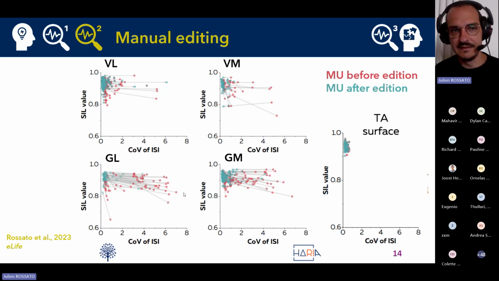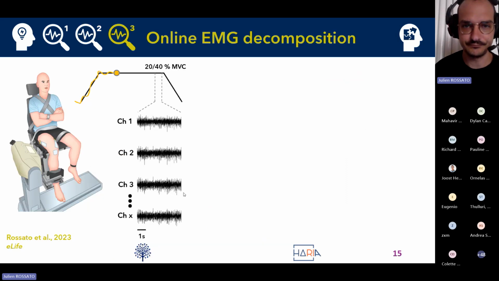The result was similar for each muscle tested. We tested the vastus lateralis, the vastus medialis, the gastrocnemius lateralis, the gastrocnemius medialis, and the tibialis anterior. It shows the importance of manual editing before the online decomposition.